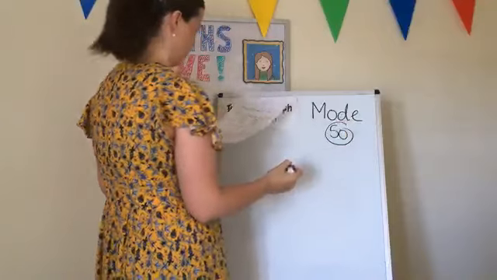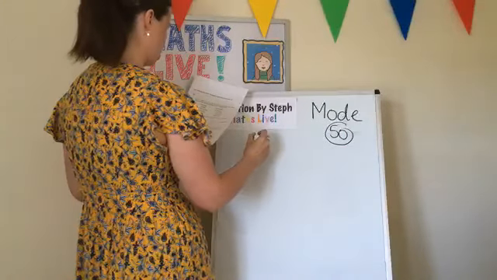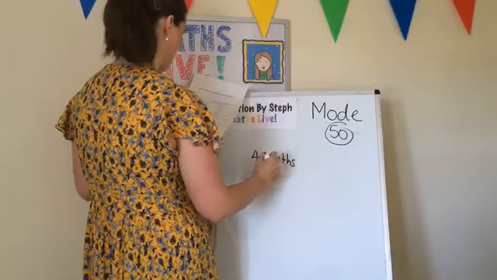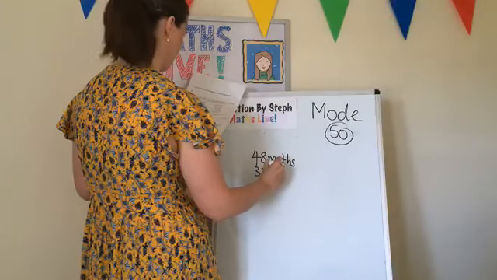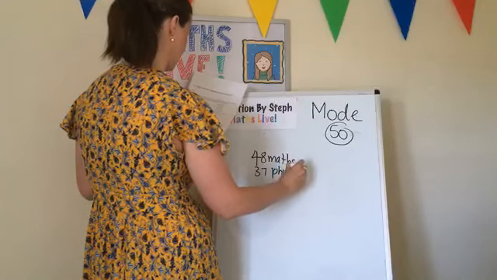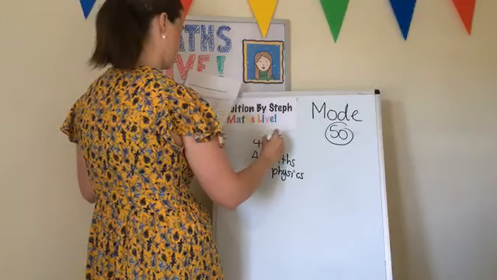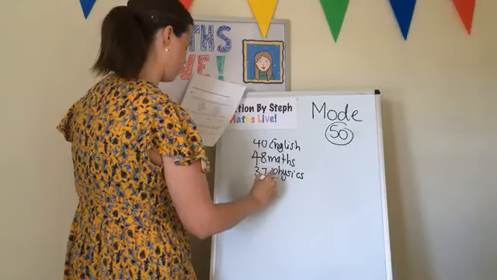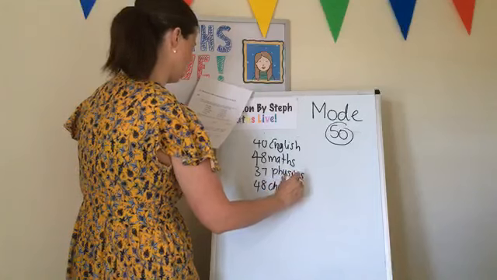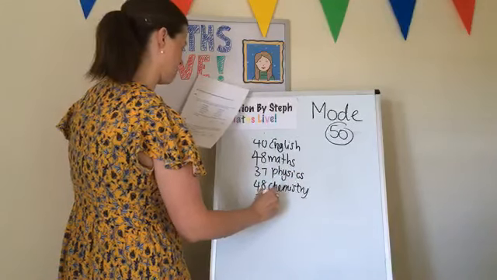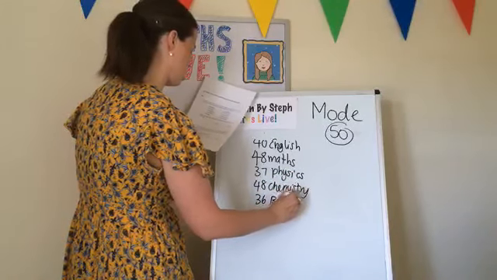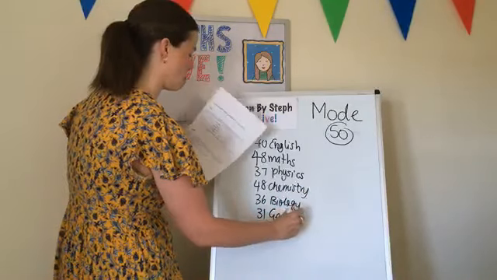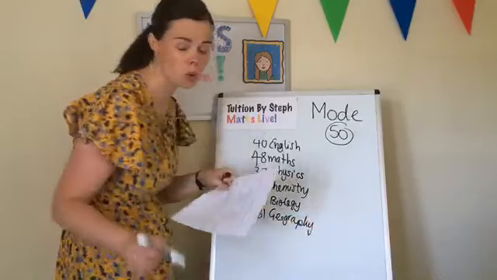The scores are out of 50. She got 48 in maths, 37 in physics, 40 in English, 48 in chemistry. She's clever, this girl, isn't she? 36 in biology, and 31 in geography. What is her mode score?